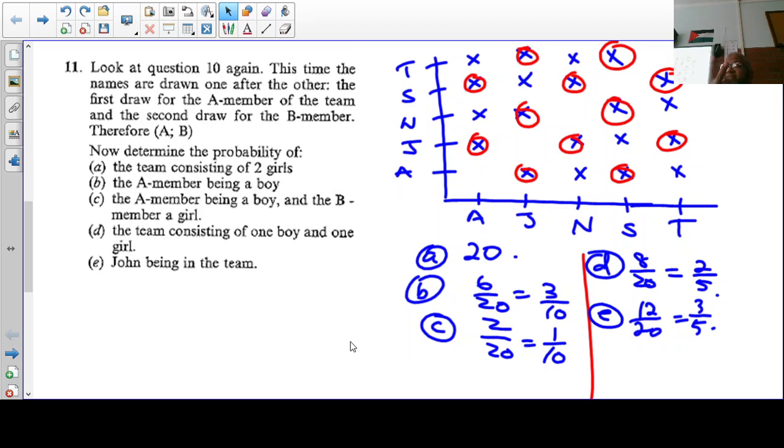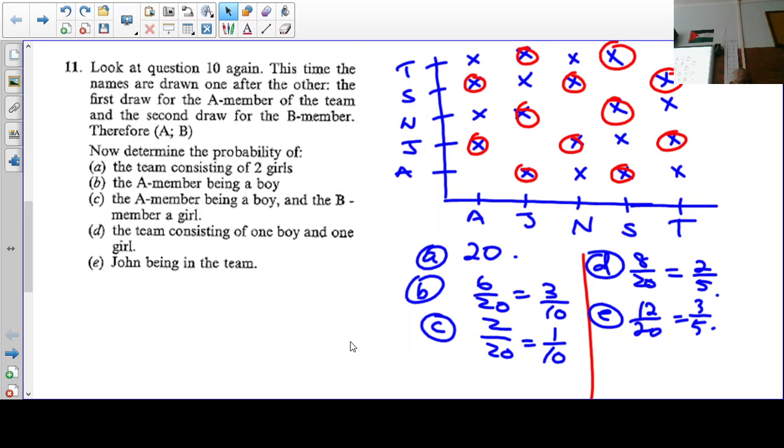The question says, in question 10, the names are drawn simultaneously, which means they're drawn at the same time. So when you draw Nina and John, it is the same as John and Nina. Whereas if you have drawn one after the other, it makes a difference in your combinations. You could have drawn John first, then Nina, or Nina, then John.